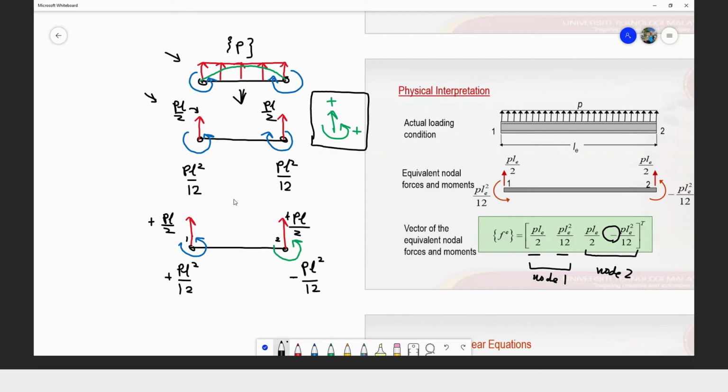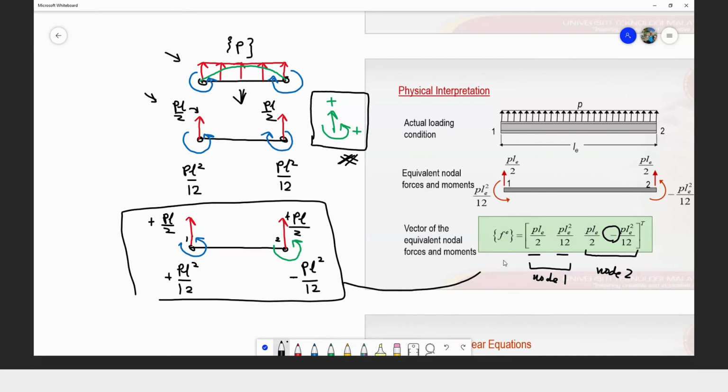But later on, we have to adjust our figures here so that our force and moments follow this finite element sign convention. Positive upward and anticlockwise positive. So that's why we have this, which gives you the vectors for the distributed loads.